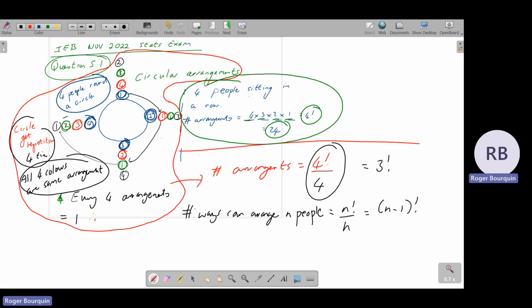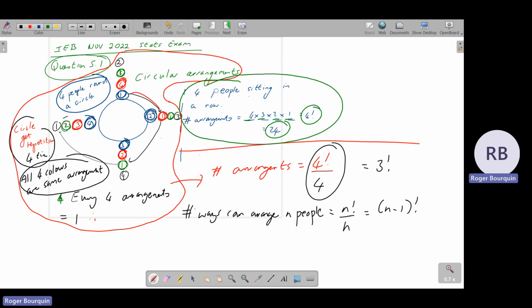If I shift everybody to the right in a clockwise direction, the red arrangement counts as one arrangement with the blue. They're not really different because they're sitting in a circle.